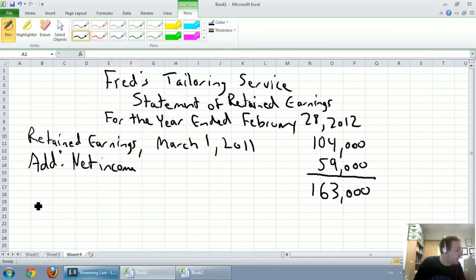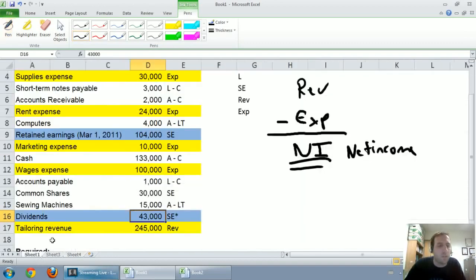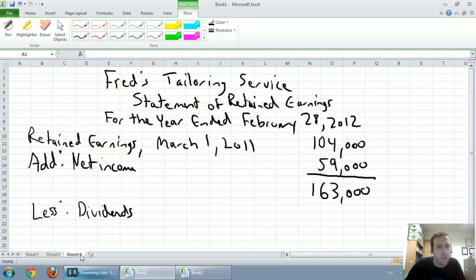So I'm going to deduct, and I write the word less when I want to minus it. So I'm going to say less dividends. And just to remind myself, Fred's dividends were $43,000, so I'll just punch that in here. $43,000.